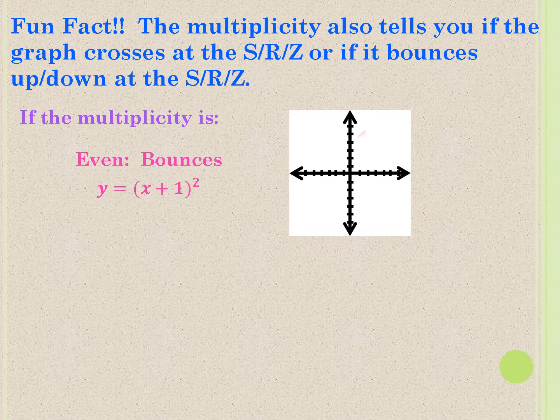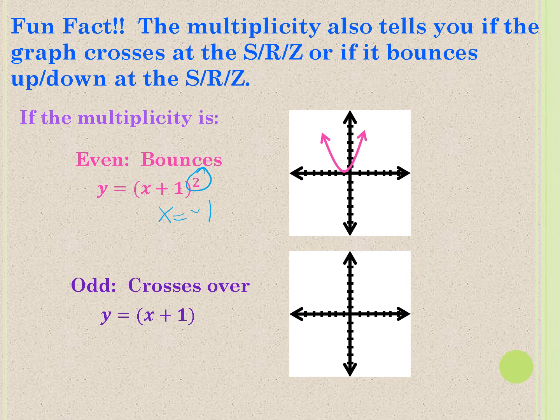Take, for example, the quadratic. Here, I have a root at x equals -1, and its multiplicity is 2. So it decreases to -1, hits that 0, and bounces right back up. Now, if your multiplicity is odd, it's going to cross over the x-axis. It's going to go through the x-axis.